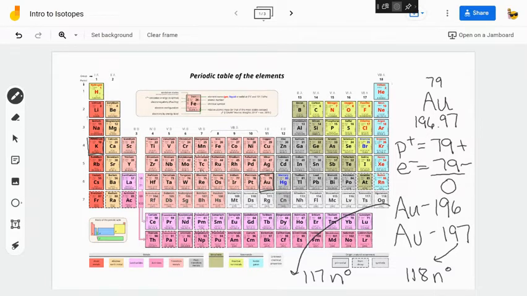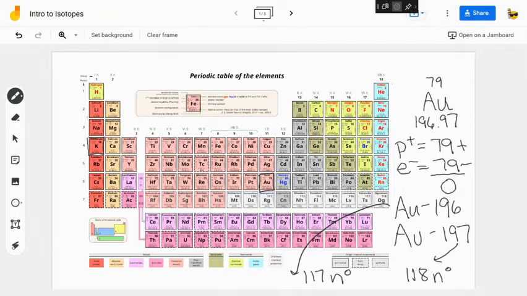So not one single atom of gold has a mass of 196.97. The analogy that I always use is that in the United States of America, families have an average of 2.3 children. We all know that a family can't have 2.3 children. You can either have 0 children, 1 child, 2 children, 3 children, 4 children, and so on and so forth. Nobody has 2.3 children.